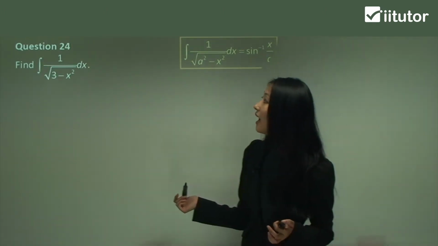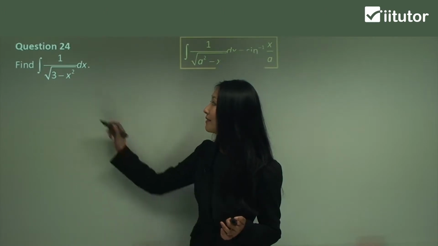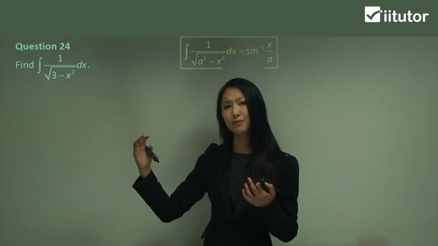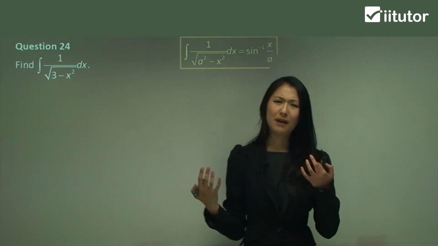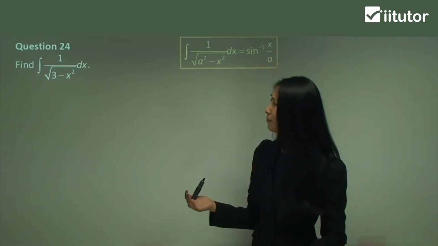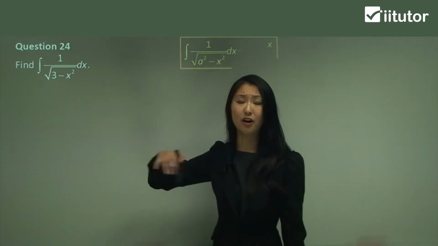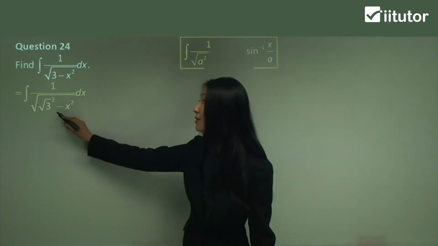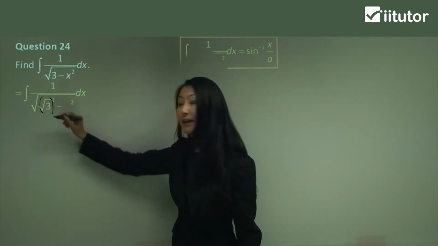So here, I want to find the integration, and this is 3 minus x squared. So not as easy as before, because it's not as easy to think about what a is going to be. But if you have a number like this, which cannot easily be square rooted, you can just make it square root 3, that whole thing's squared, yeah?